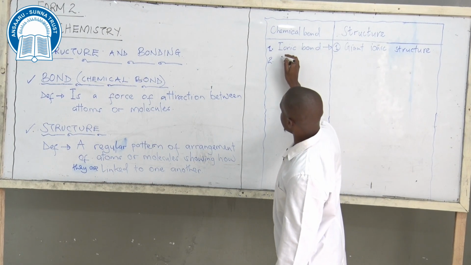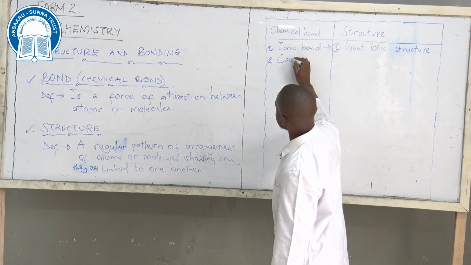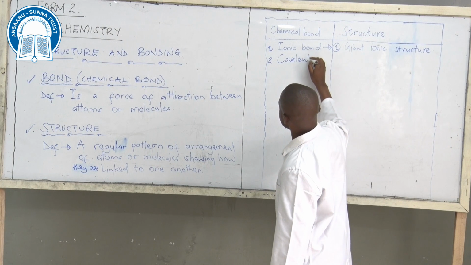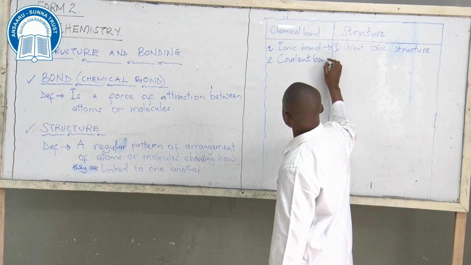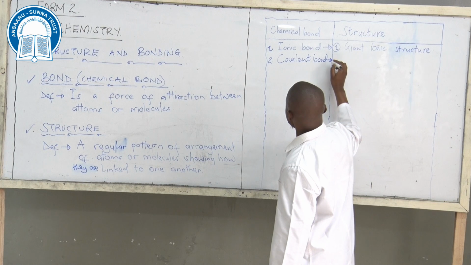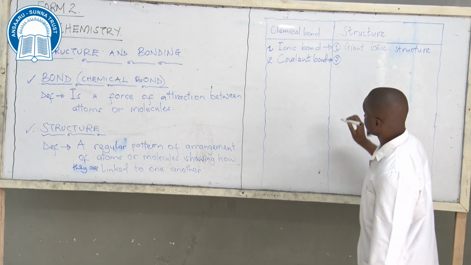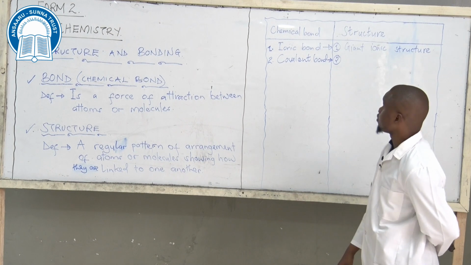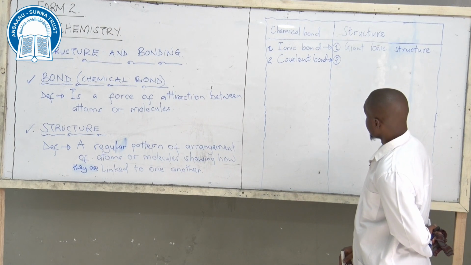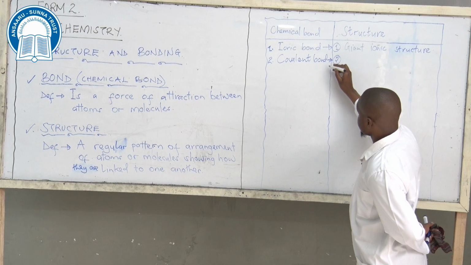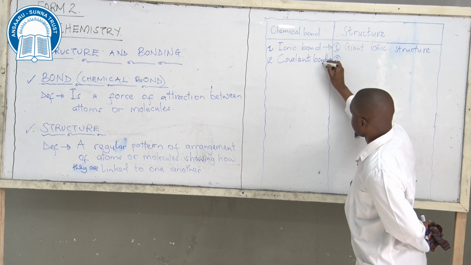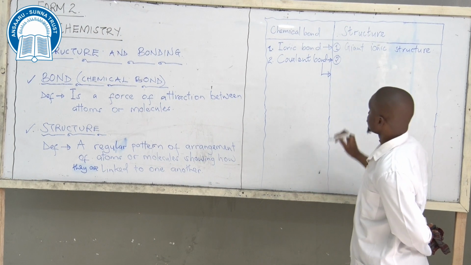The second category of a bond which you're supposed to talk about is covalent bond. Covalent bond is found in structures that I will name here. There will be two structures.